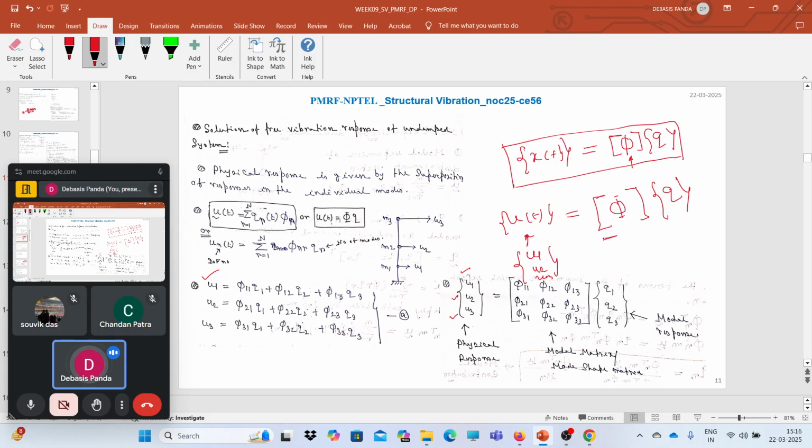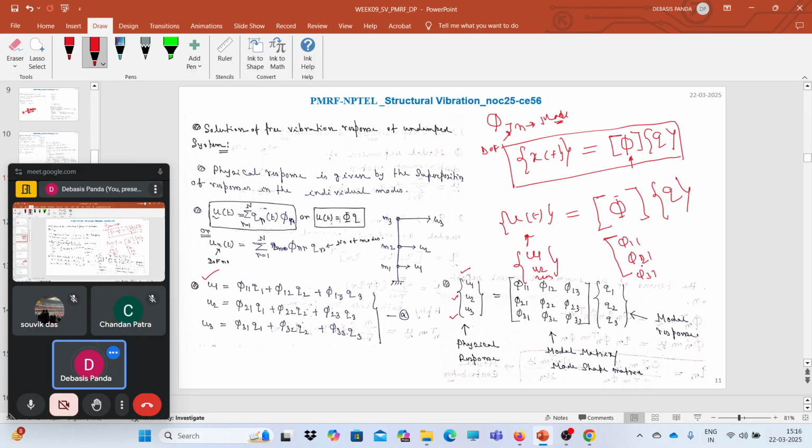If I want to write down the modal matrix, first I need to write down the first mode shape, that means phi 1 1, phi 2 1, phi 3 1. Recall the structure phi j n: j is your degree of freedom and n is the mode you are considering here.